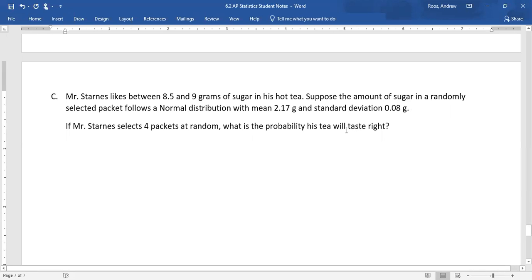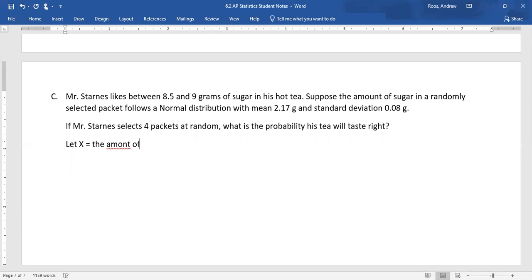So we have to assign what our variables are going to be. Let X equal the amount of sugar in a randomly selected packet.